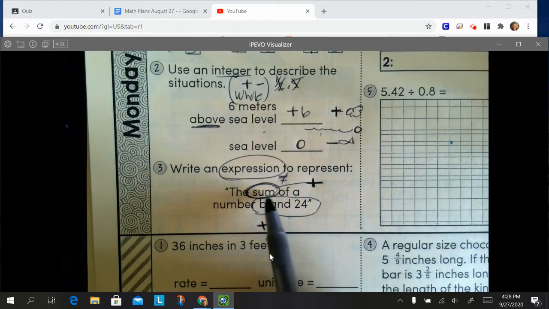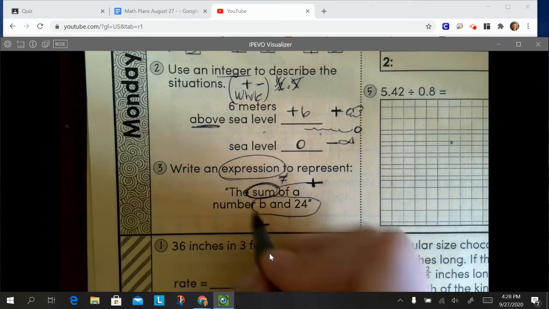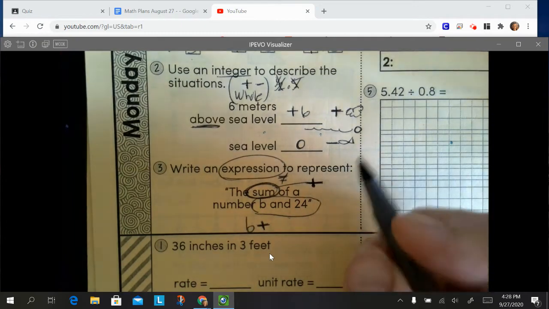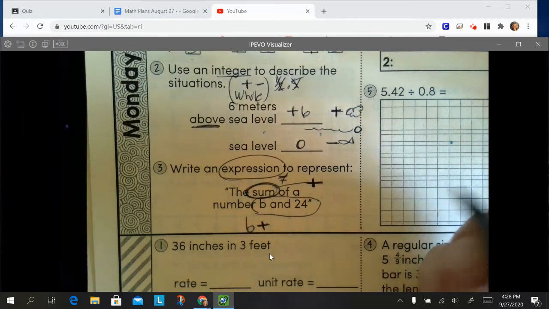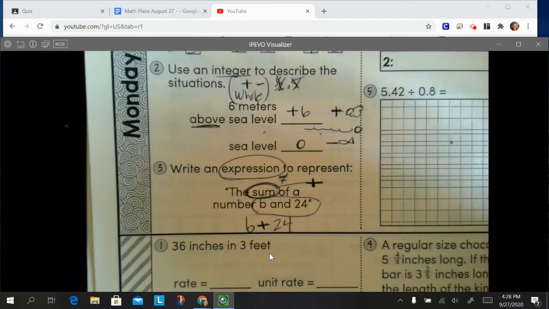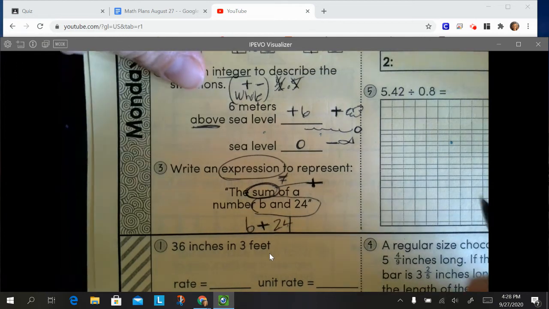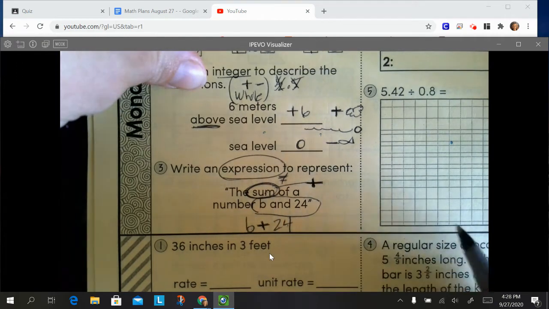It says the sum of a number b, so we don't know what that value is, they just gave us that variable, and 24. So all this is saying is b plus 24. That's all you have to do. You know what operation to use because of this word right here, the sum.